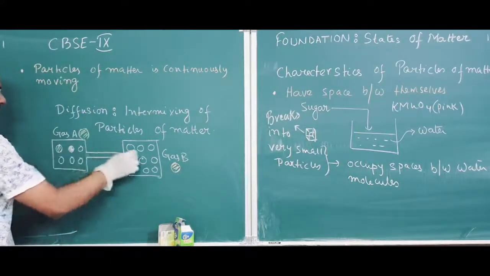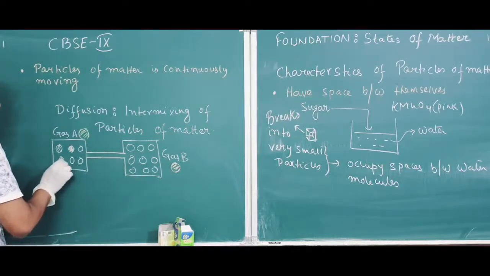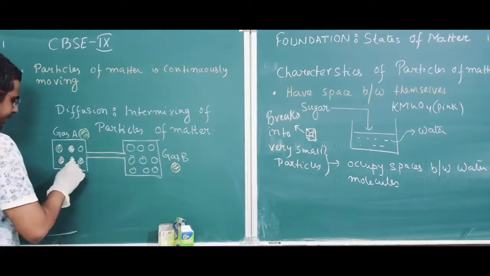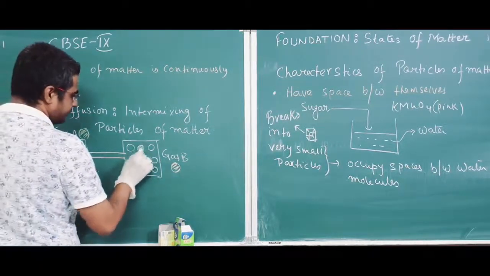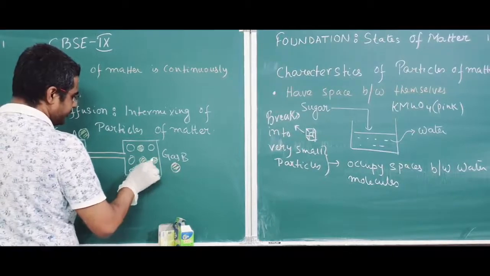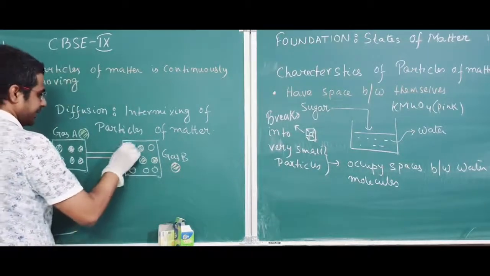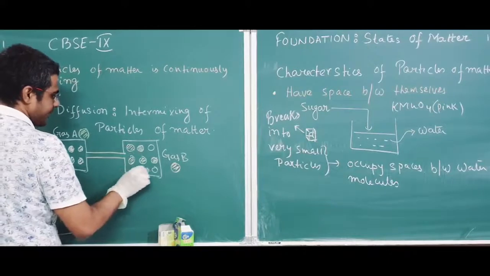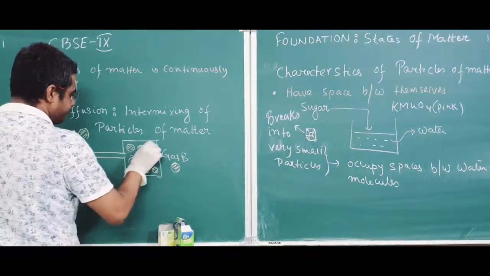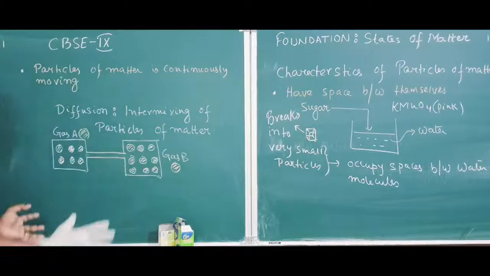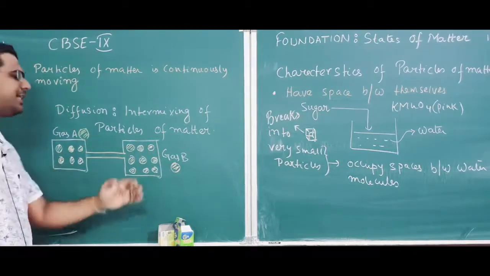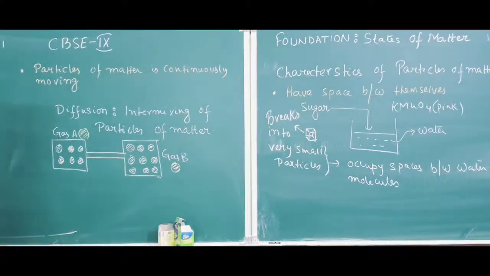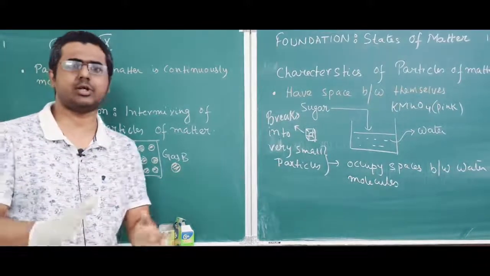This gas B molecules also enter over here along with gas A, and some of the gas A molecules also go over here. Definitely the B's remain as it is, some of the B's. So both these containers are now filled up with gas A and gas B. So definitely the particles have intermixed with one another. This phenomena of intermixing of particles of matter is called diffusion.